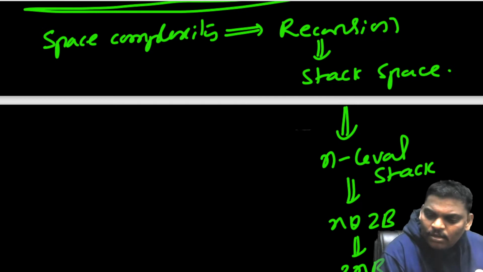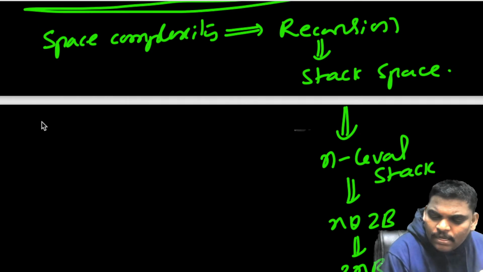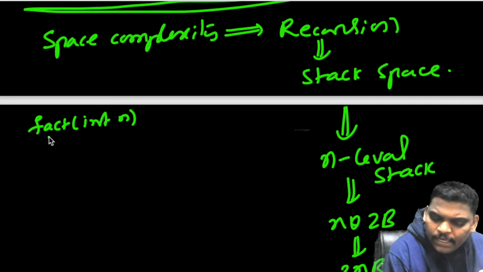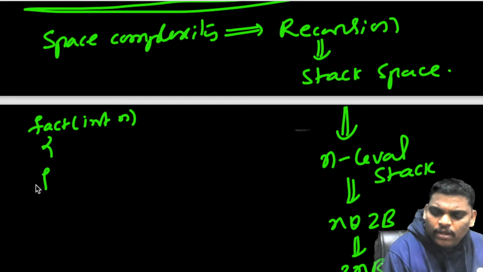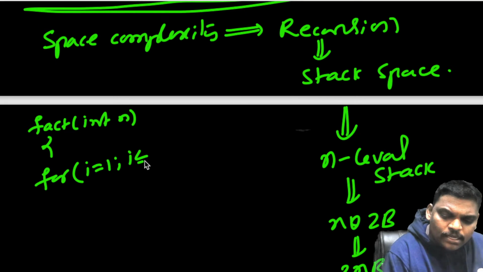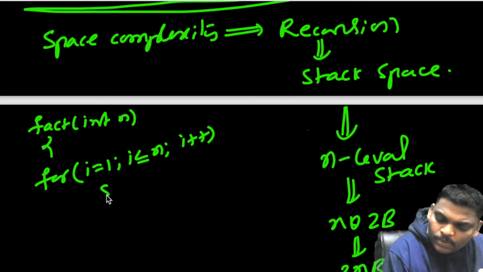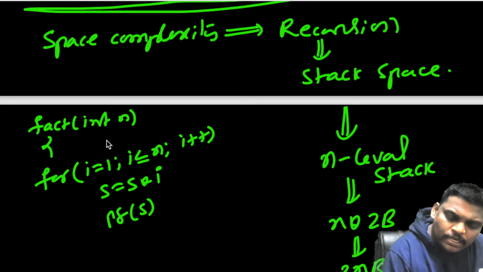Now some people are asking, what about a non-recursive program? Just for the sake of it I am writing it. See this: fact of int n. Inside, one for loop, which we wrote in the last class. For i equal to 1, i less than or equal to n, i plus plus, s equal to s into i. Lastly printf s. Initially s is equal to 1.